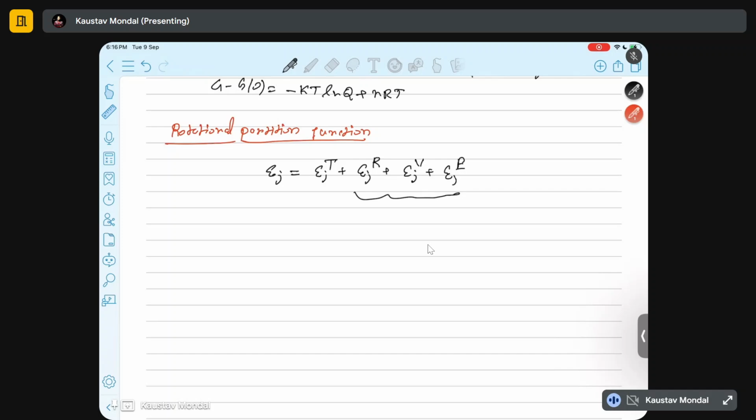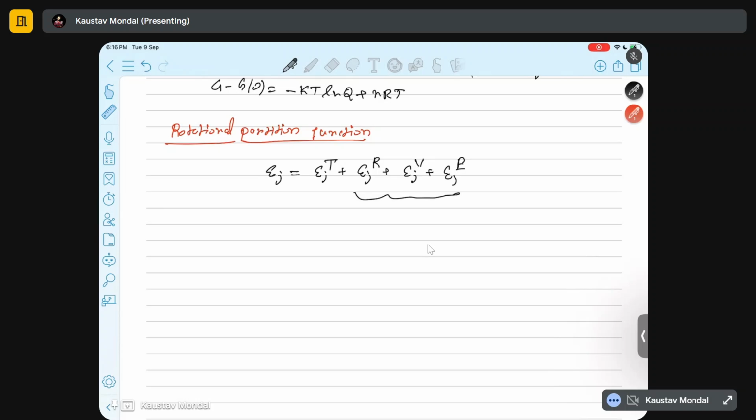The rotational, vibrational, electronic parts will only become significant at high energy. At high temperature, the rotational, vibrational, electronic contributions will come, and their order is like this: the higher the energy, the more electronic. First you will get rotational, then vibrational, and then electronic. This is the energy scale of each contribution. First comes the translational, then the rotational, then the vibrational, and at the last the electronic.